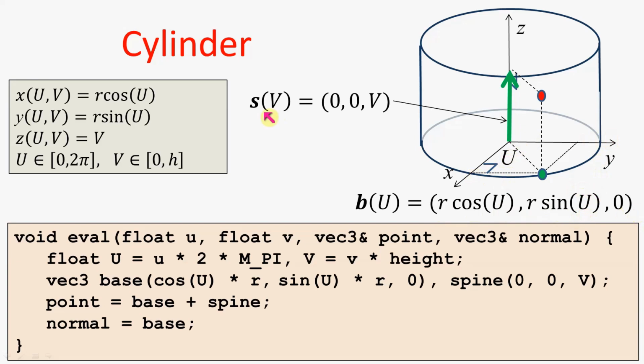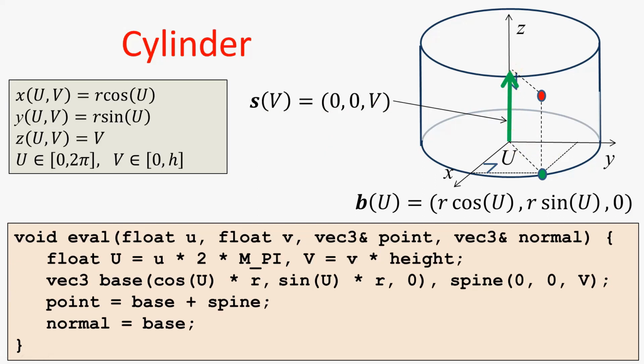The spine of the extruding operation is just a line segment that is in the direction of axis z, and it is parameterized by the second parameter v, so it runs from 0 up to the height of the cylinder.